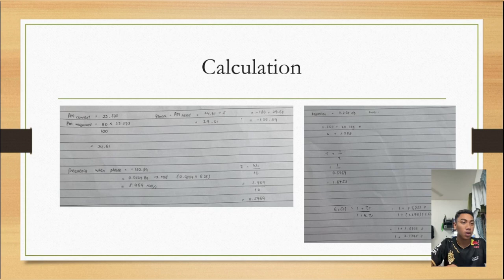And for the reduction, we multiply by 20 log and get 1.268, and that's for the calculation.